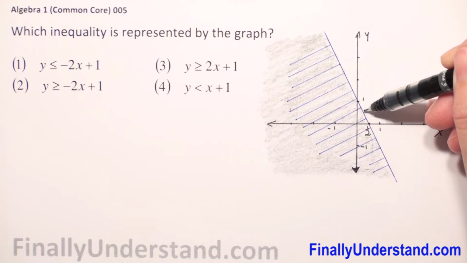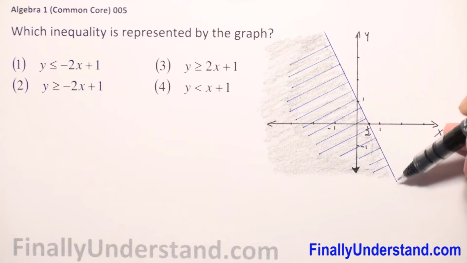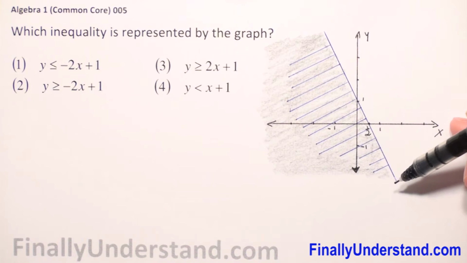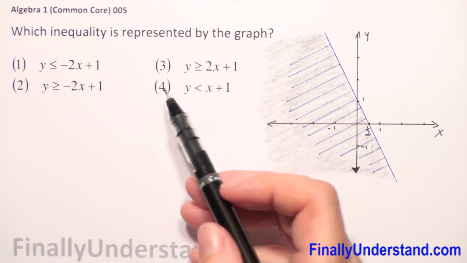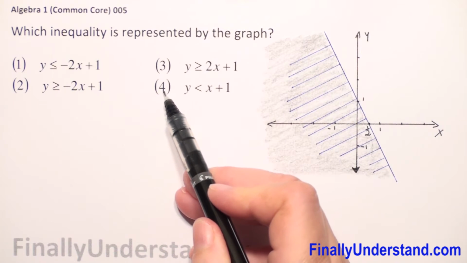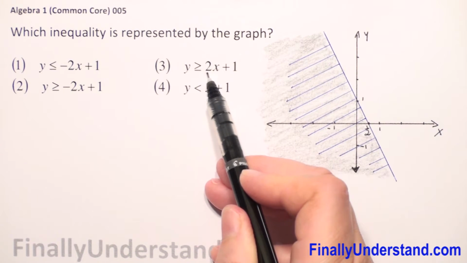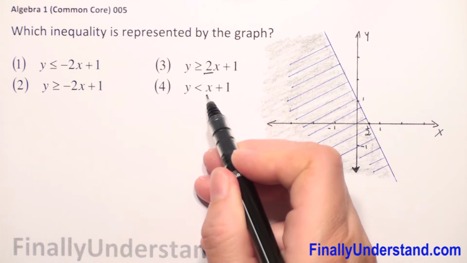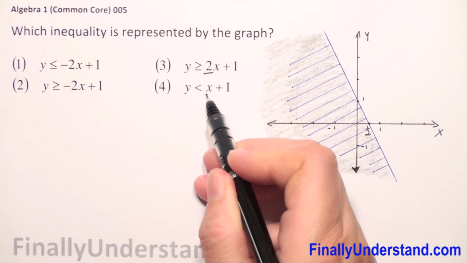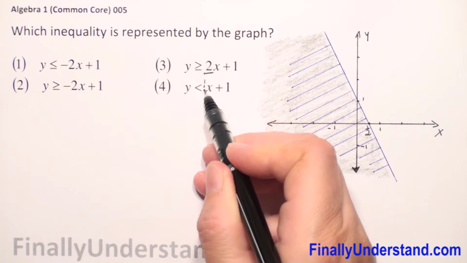This line is going down, so it means that the coefficient before x must be negative. In the third and fourth statements, we have that coefficient is 2, and before x we don't have any number, it means it's visible 1.